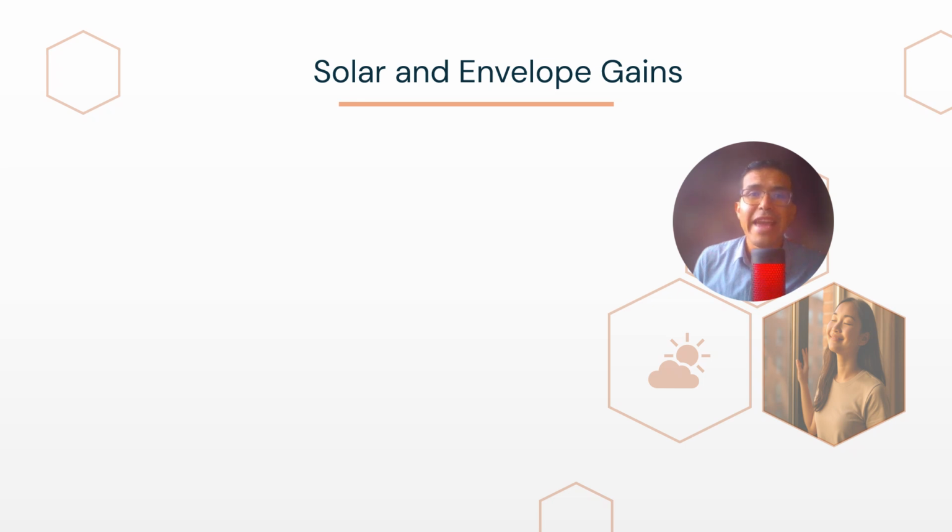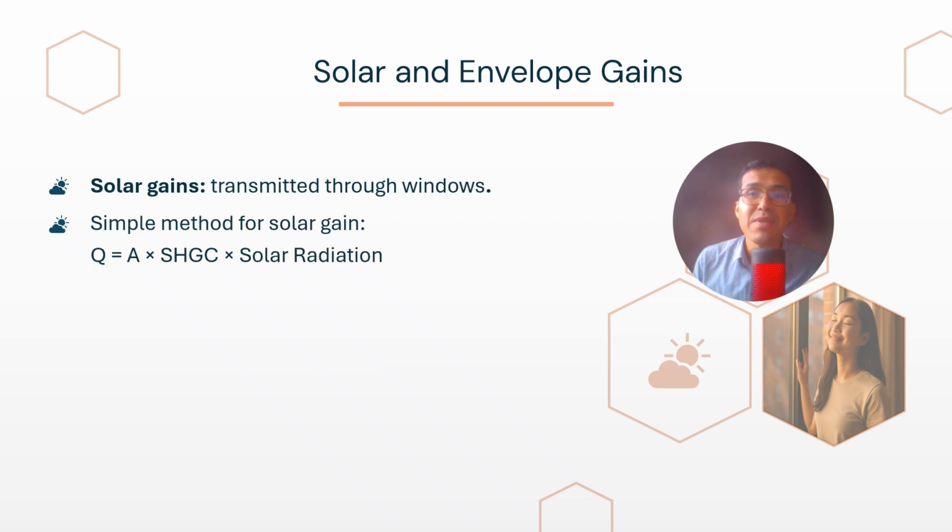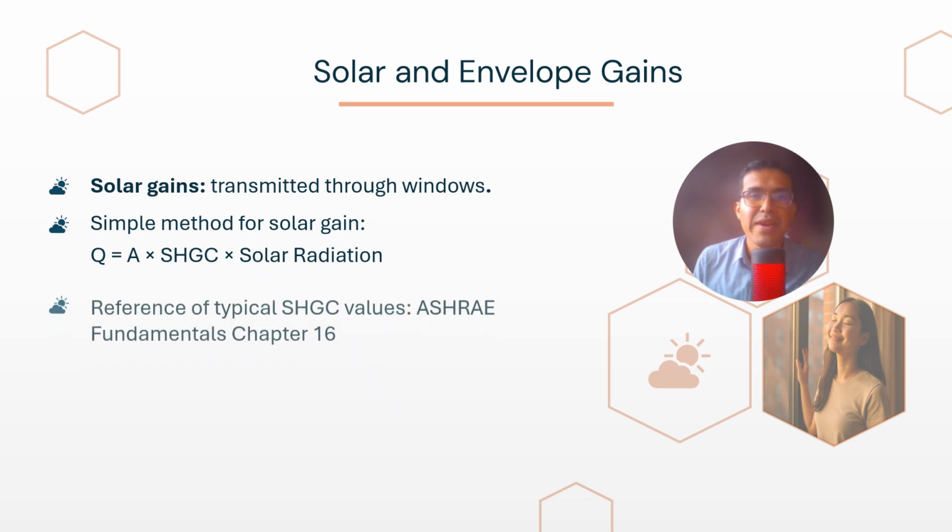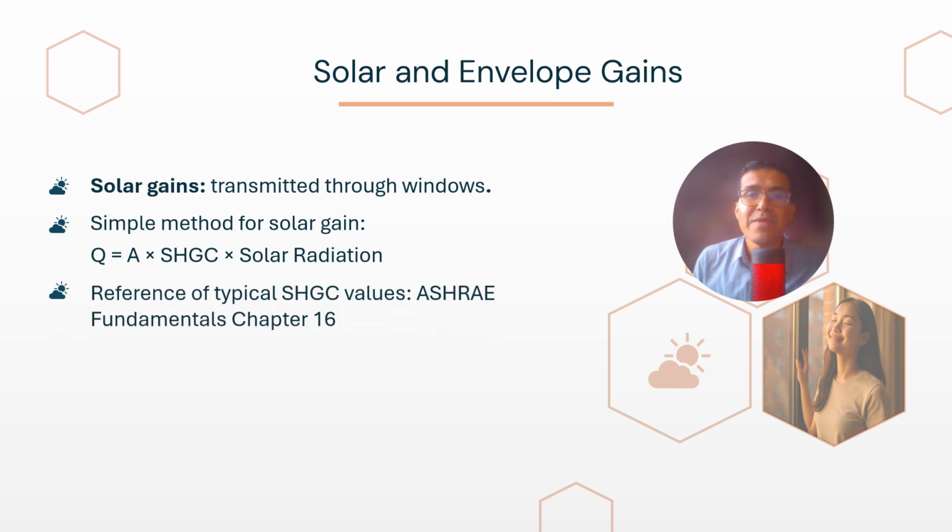Solar and envelope gains are driven by the building's design. Solar heat enters through windows and depends on area, orientation, shading, and glazing type. A simple formula is this one, where SHGC is the solar heat gain coefficient, which depends on the type of glazing, frame design, and shading devices used.